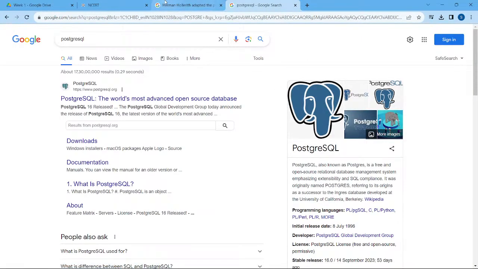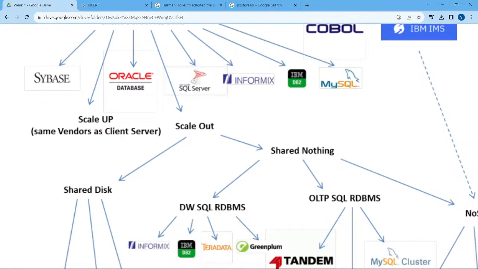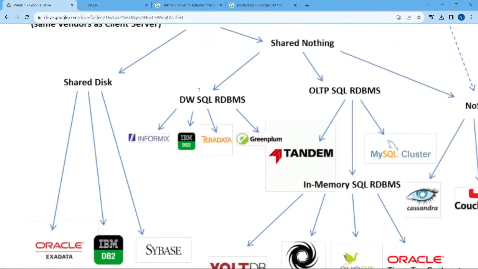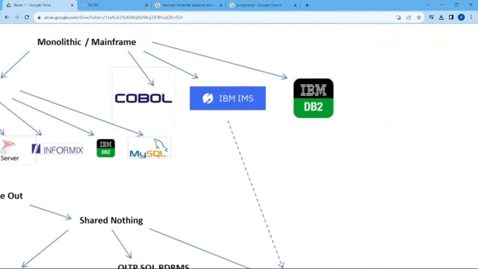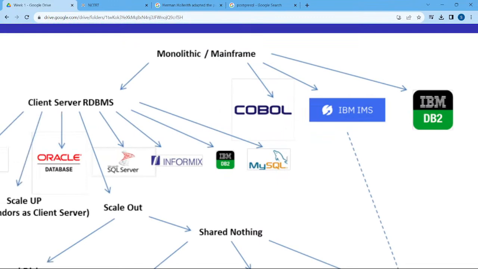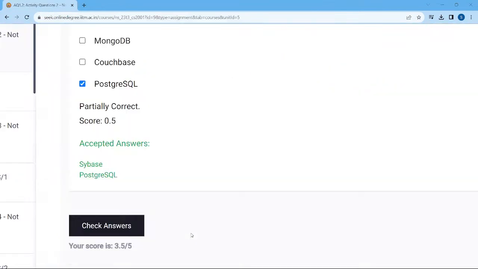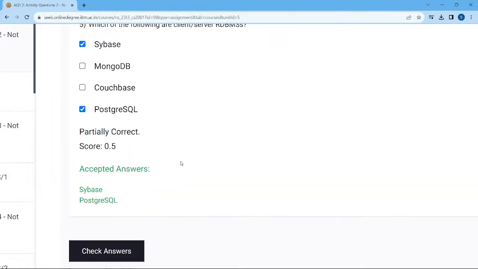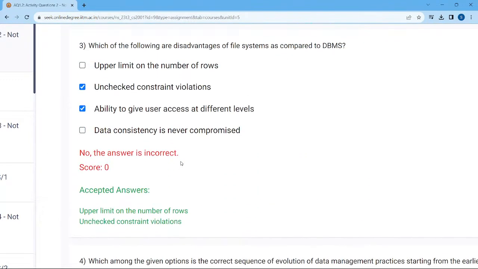This elephant one, right? Do you see some elephant logo? I think they consider MySQL as PostgreSQL. I have absolutely no idea on this one. So let's skip this one for now and move up there.